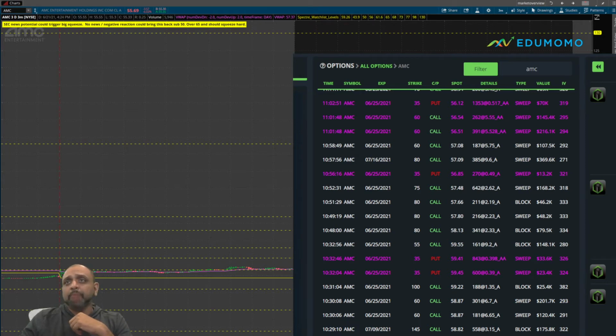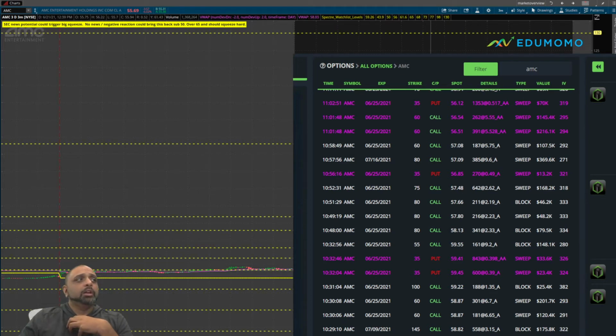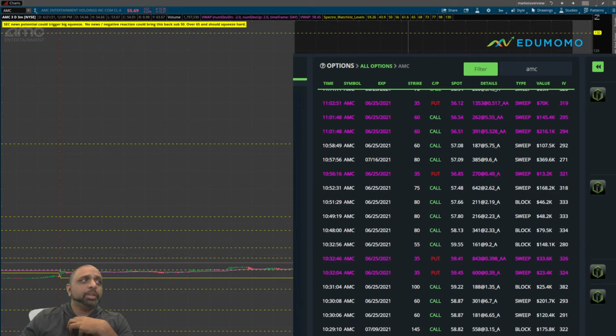Because they are buying a ton, and something may happen this week to drive this higher. But like I said, for me, until we're over this level, and ideally really this 65 level, I'm being cautious on the long side.